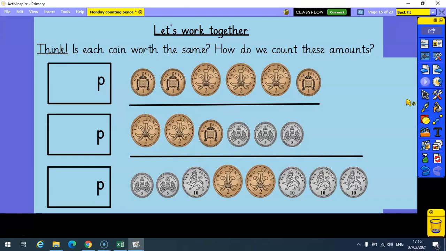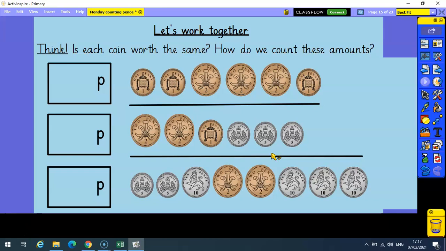I'm going to have to look really carefully, aren't I, to see what the value is of the coins that I am counting. And what's easiest to do is count all of the coins that look the same at the same time. That's a trick for you there.